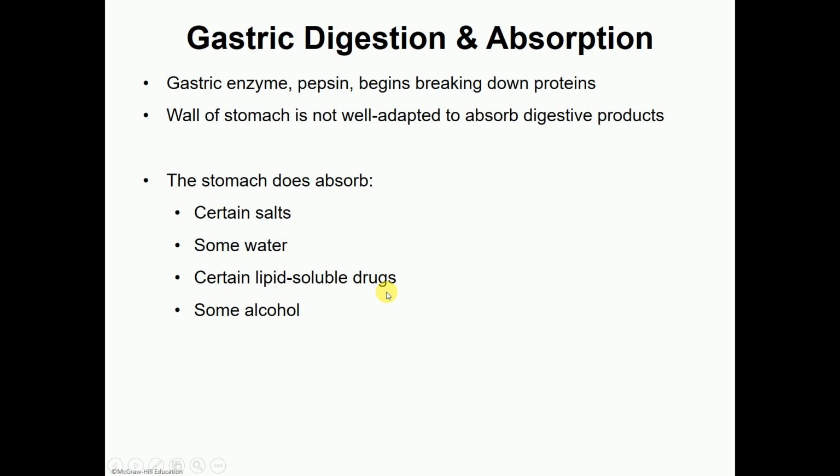We also include medications in there, and a little bit of alcohol as well. That is why when somebody drinks alcohol, they can feel the effect of it right away, because it doesn't really have to reach the intestine to get absorbed. Some of it can be absorbed in the stomach.